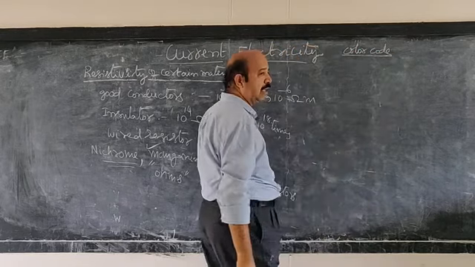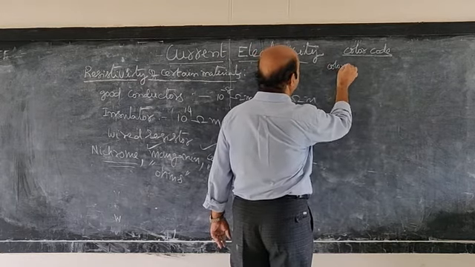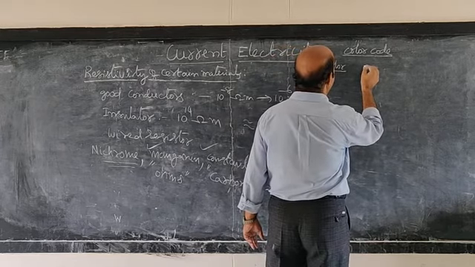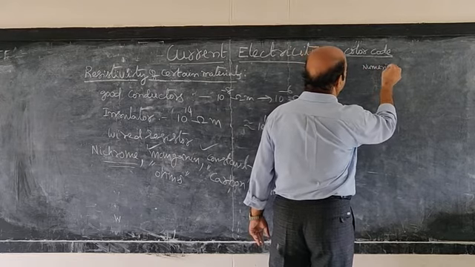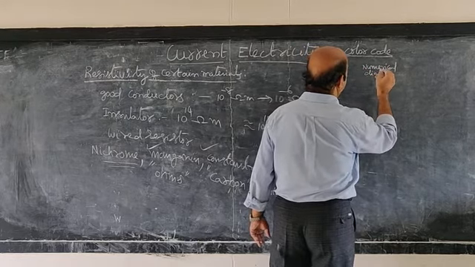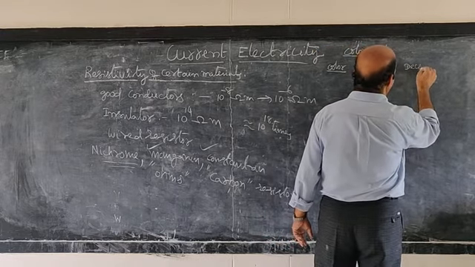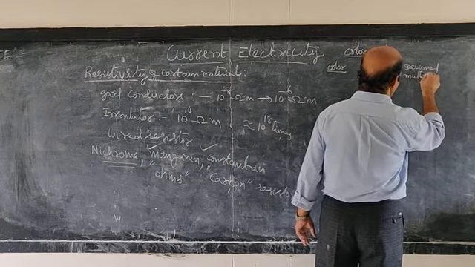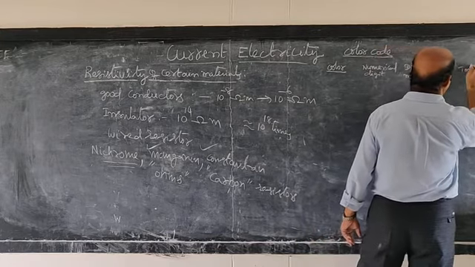We follow a color code: the color, then the corresponding numerical digit, then a decimal multiplier, then tolerance.